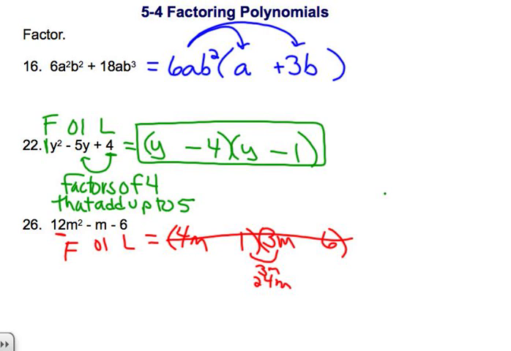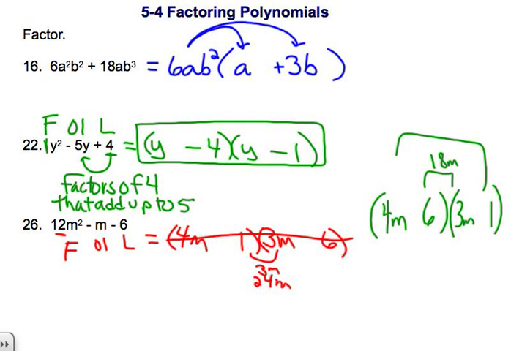Our next option, we could use the 4m and the 3m, and try maybe switching the numbers around, like 6 and 1. And when you do that, you get 18m for your inner, and 4m, which do not work. How about then we try 4m and 3m, and let's try 2 and 3.